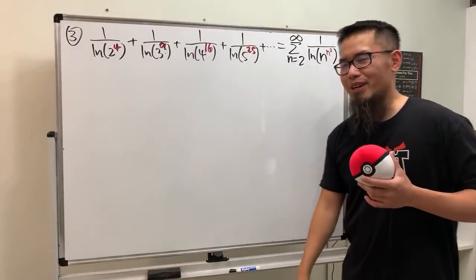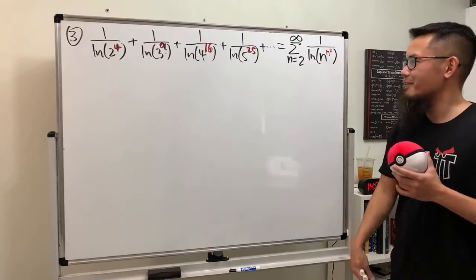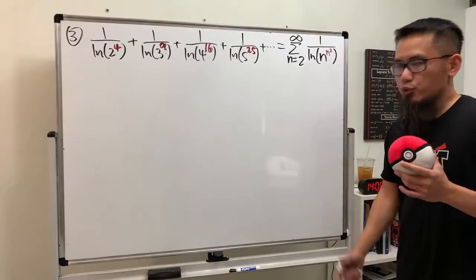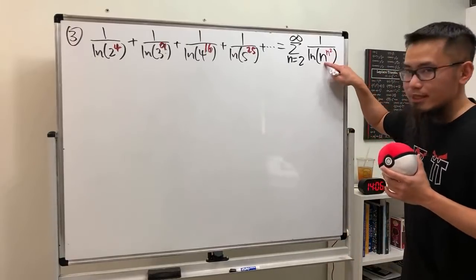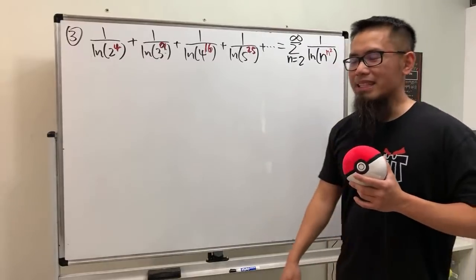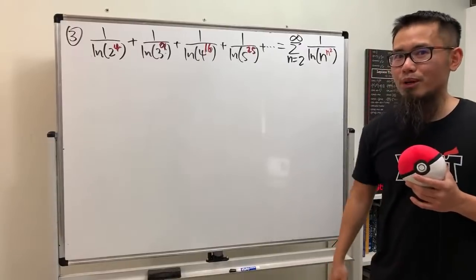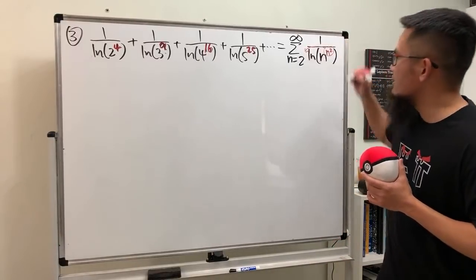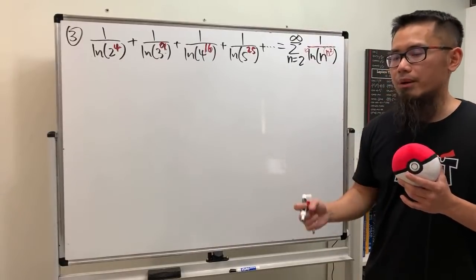Haven't said that word for a while, huh? So this right here might look super intimidating because we have n to the n squared power. That's bizarre, but don't worry too much, because we can actually bring this to the front, right? Thanks to the ln property.